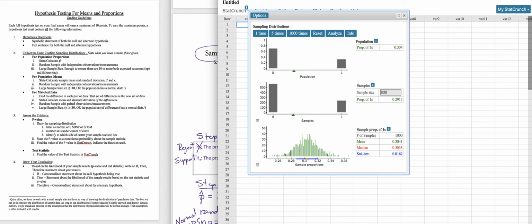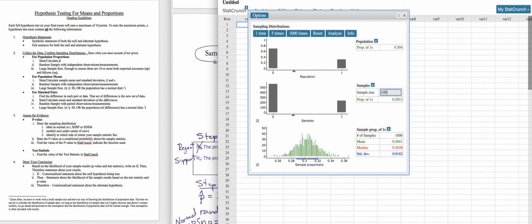You can see how short the curve is out here, okay? So that's how we know that 0.26 is very far away from 0.304, because it is where the curve is short, okay?